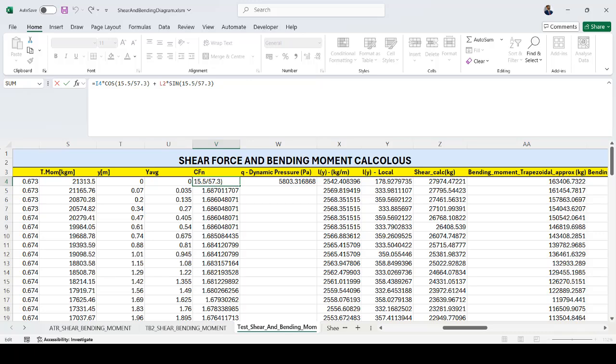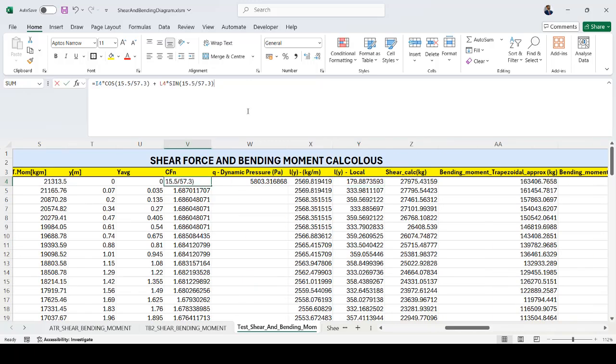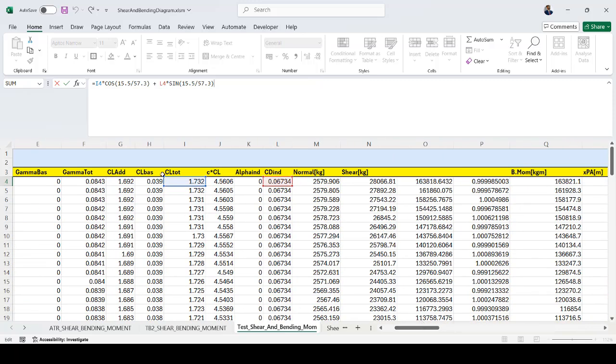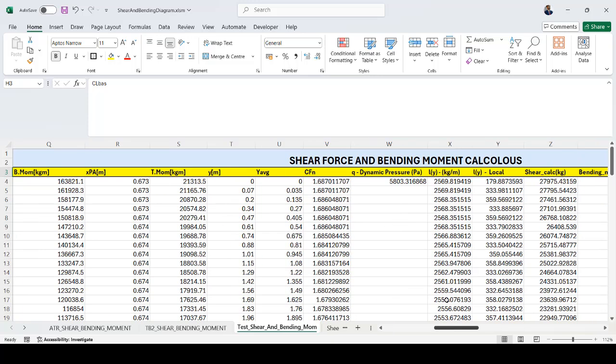So E4 is the cell. CFN is equal to, in this case, E4, the cell containing the CL tot, which is the summation of the additional CL, the additional distribution of load. You have additional and basic load in a wing. This is the sum of this CL add plus CL basic load. And the other component is CD.